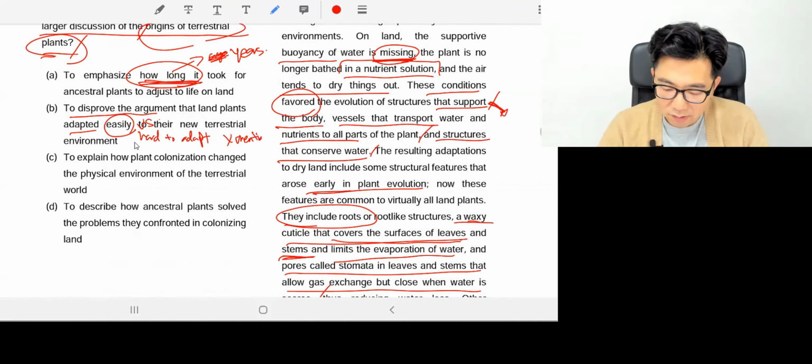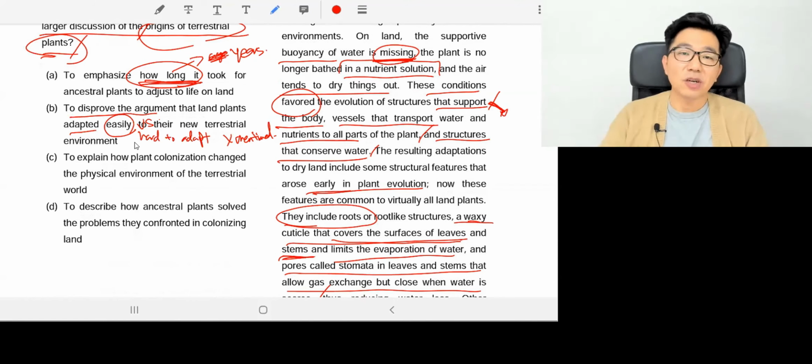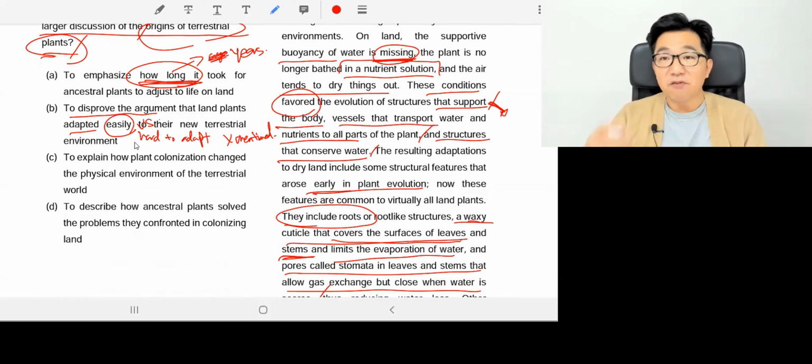It's just saying they eventually adapted and evolved, and these are the features they began to have.